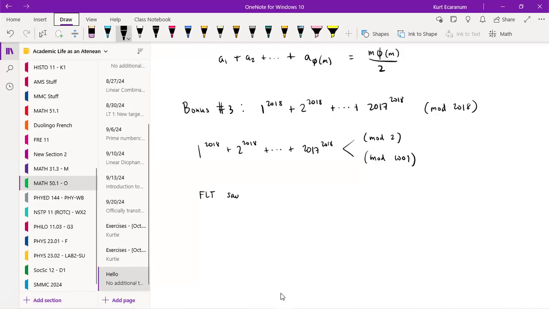So, FLT says that for some term, A is congruent to 1 mod 2 and A to the 1008 is congruent to 1 modulo 1009. Okay. So 1 modulo 1009, this only applies to the A na relatively prime kay 1009.